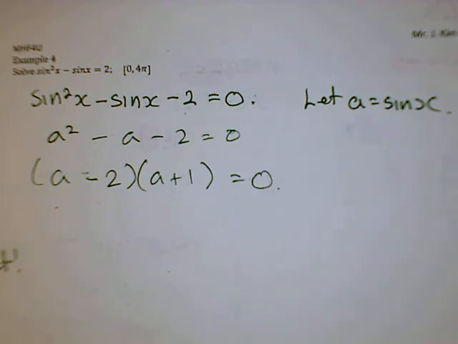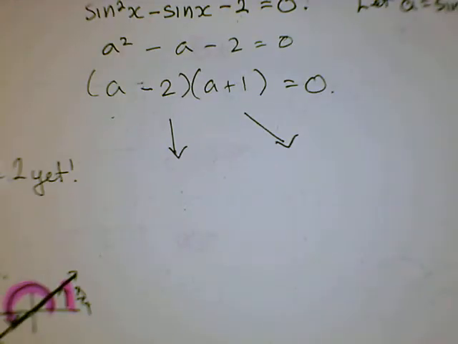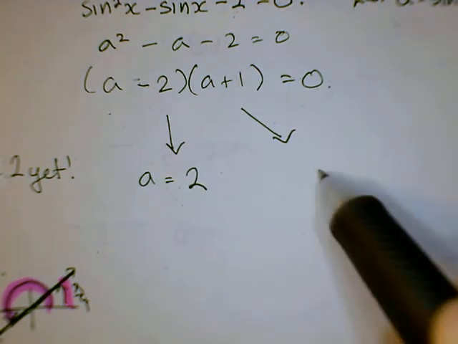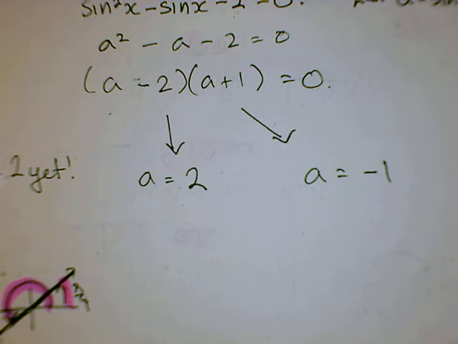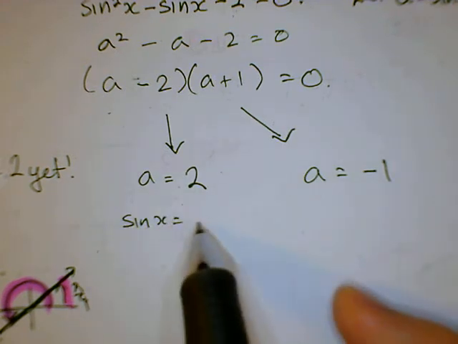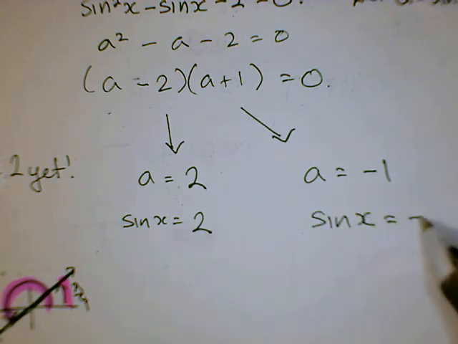What does that mean? A could be 2. A could be negative 1. Which means sine x could be 2. Sine x could be negative 1. I'll let you copy and let that sink in.